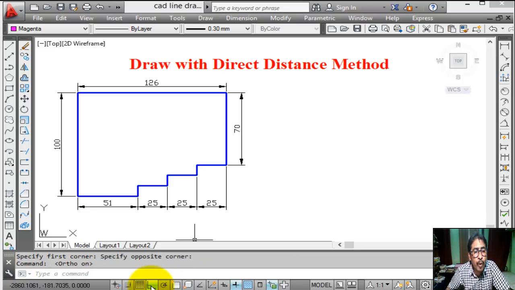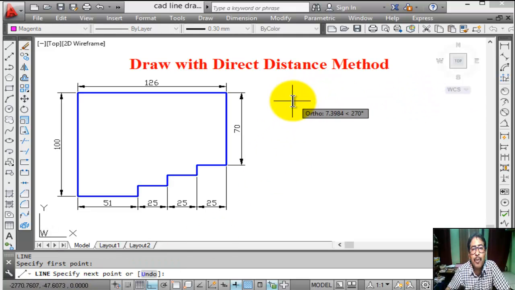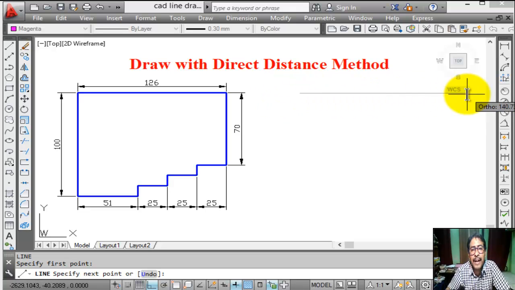Click one time, ortho is on; click again, ortho is off. Or press the F8 key, the function key. Now click on ortho mode, ortho is on, then type line command L, enter, specify first point. Now the line is fixed in horizontal and vertical direction.